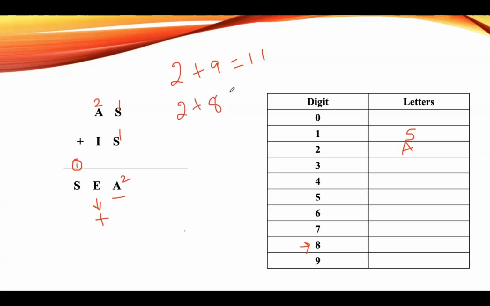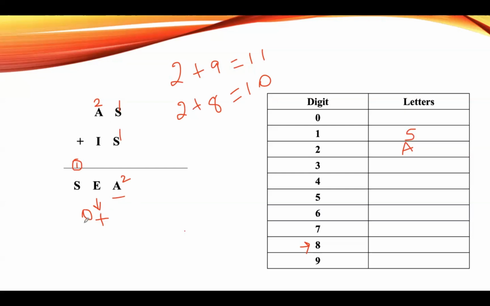So 2 plus 8 equals 10. Here it is producing a carry bit, okay. Now what is the value of E? The E value is 0. Check whether 0 has been assigned to any character till now.